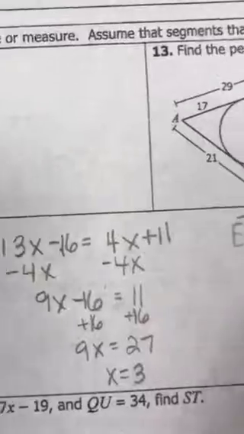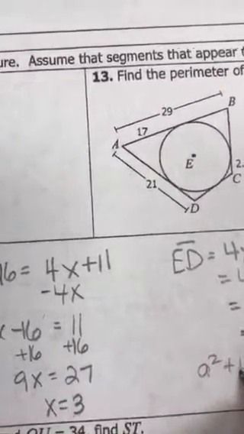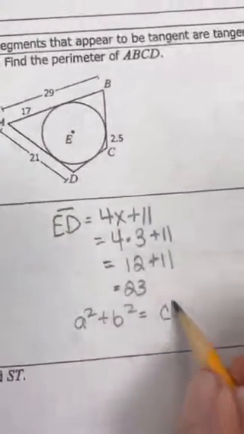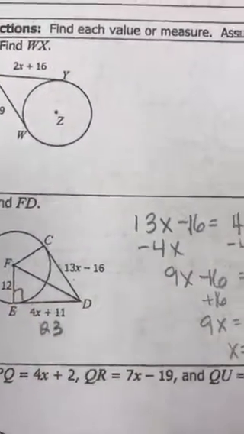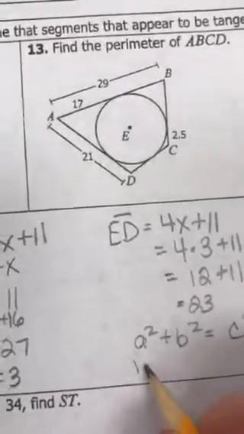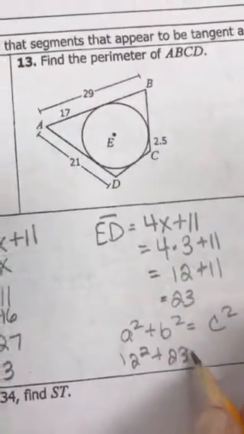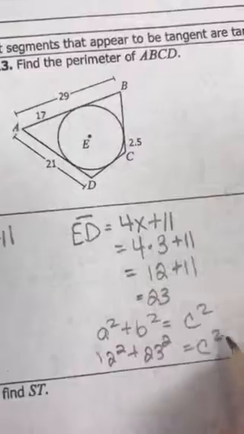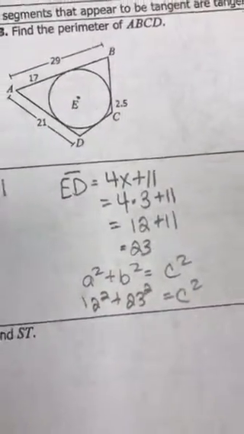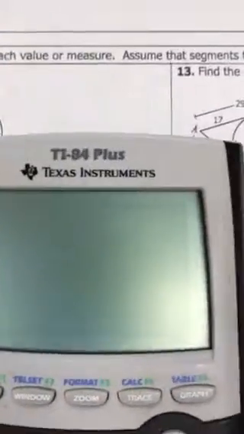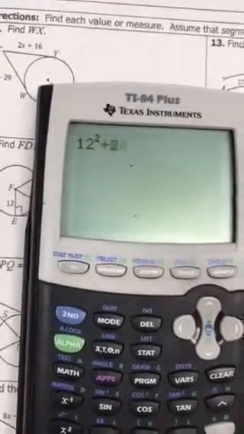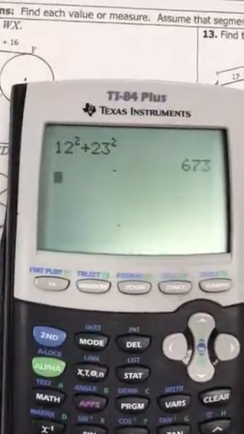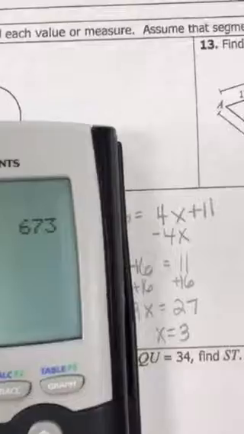So I have to use Pythagorean. So a squared plus b squared equals c squared. The legs are 12 and 23. So 12 squared plus 23 squared equals c squared. So let's see, let's get the calculator again. 12 squared plus 23 squared is 673.